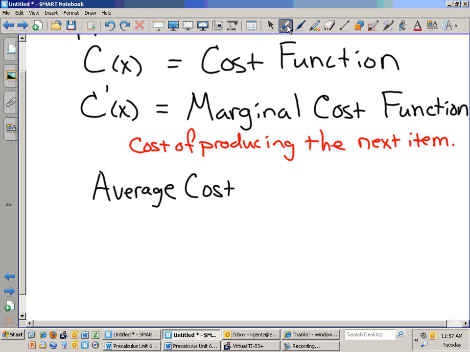By the time I produce the 500th item, do you think it would cost me $20 to produce that item? More than $20 to produce that item? Or less than $20 to produce just that item? Much less. Why? Yep. You don't have the beginning cost. The mass production is going to reduce it. So we would like to produce more things at once.